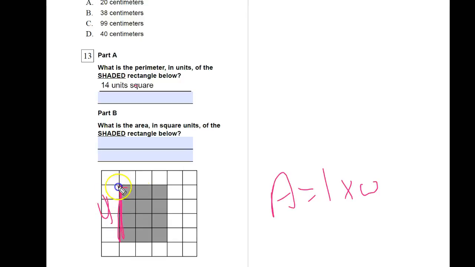And what was the width? 3. So 4 times 3 is 12. 12 square units.